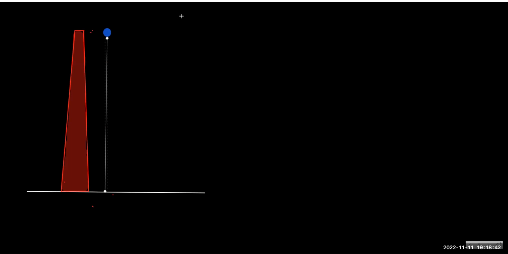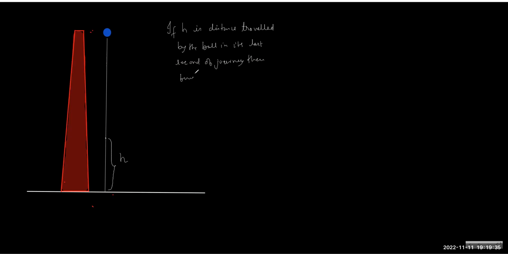So if it is given to you that in the last second, if h is the distance traveled by the ball in its last second of journey, nothing else is given, only that it travels H in the last second of its journey, then find the height of the tower.